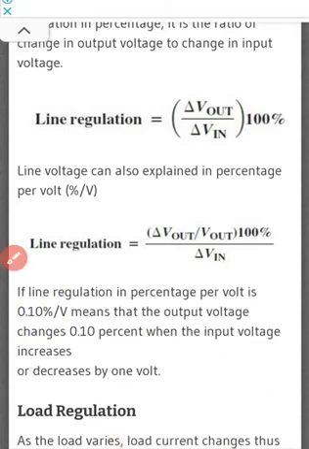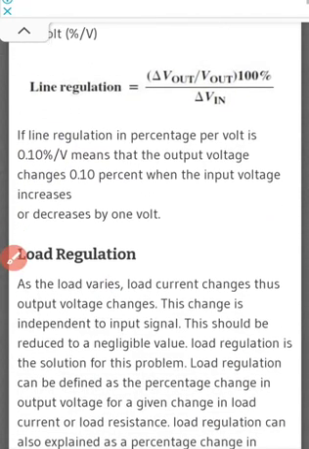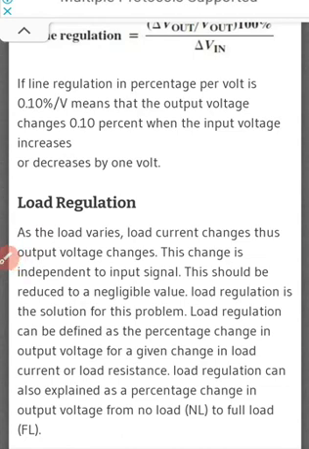Okay, so then we come to load regulation. As the load varies, load means along the output. As you have seen, in most devices the output load is connected through a resistance, that is R. R is generally appropriate to receive the load.